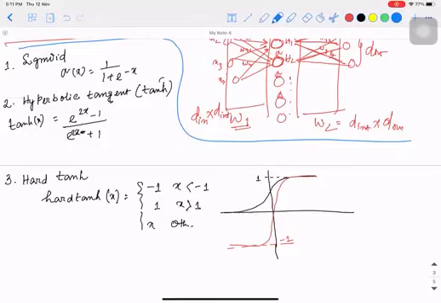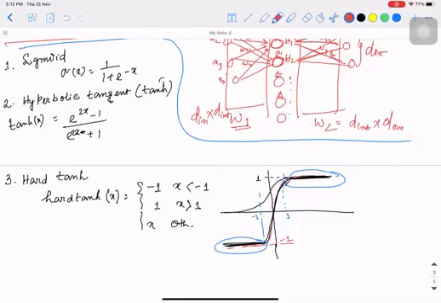Say again on the same scale, this part is 1 and this is minus 1. It would look like this: a straight line here, a straight line here, and between minus 1 and 1, the exact x value. You see the difference between these two? The difference is here.